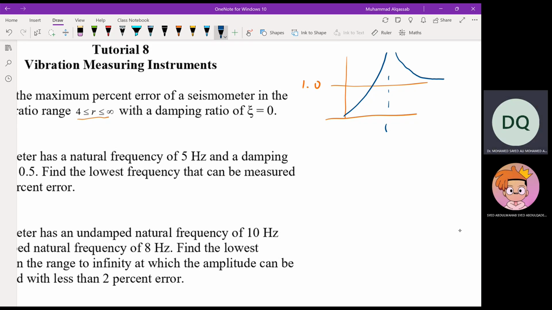So R equal to 4, if this is R, which is the frequency ratio, starting from 4, here is 4, let's say. And then it will decay. This is open to infinity. So as you go away from 4 to the right side, the error will be less. So the maximum error occurs at 4. This will give you the maximum error.